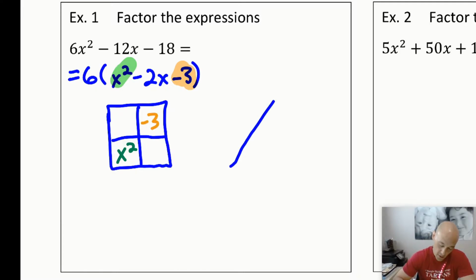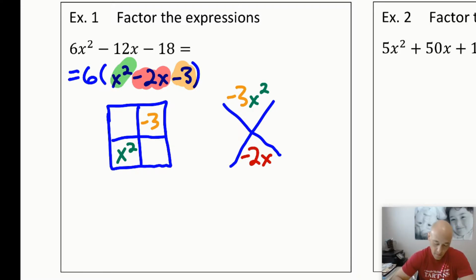We take those two, we multiply them, and put the result in the top of the diamond. The x term goes into the bottom of the diamond. And now we think, all right, what times what is equal to this?